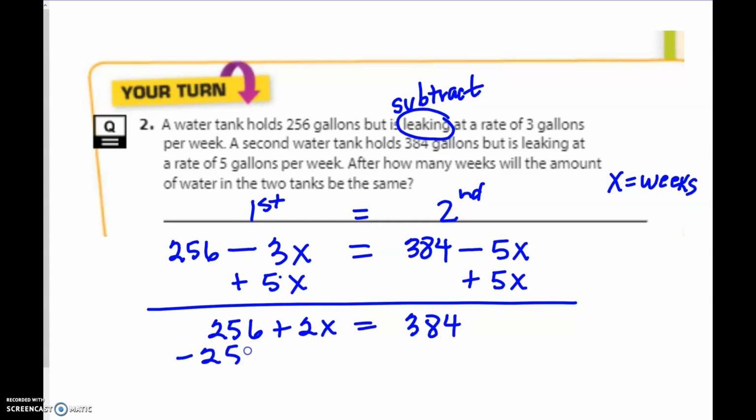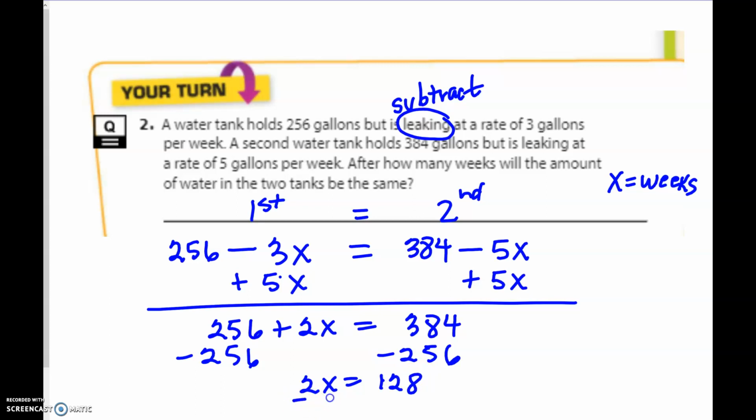So now we're going to subtract 256 from both sides. So 2x is going to equal, grab that calculator and make sure you're doing your math, 384 minus 256, and I get 128.